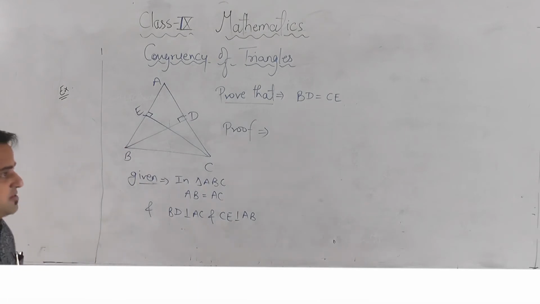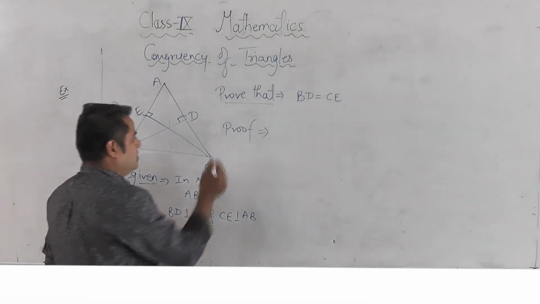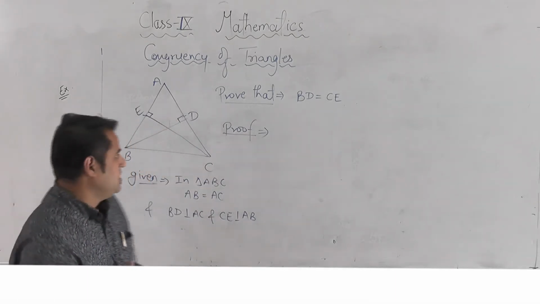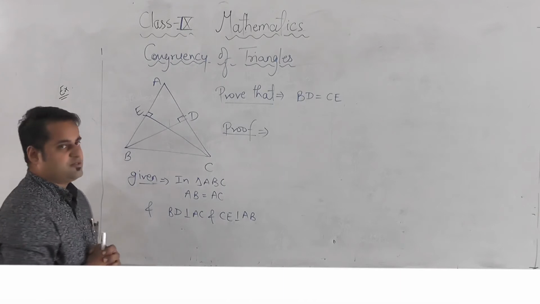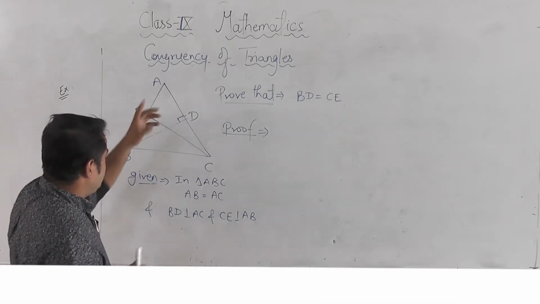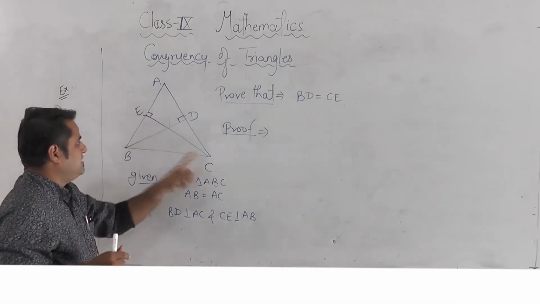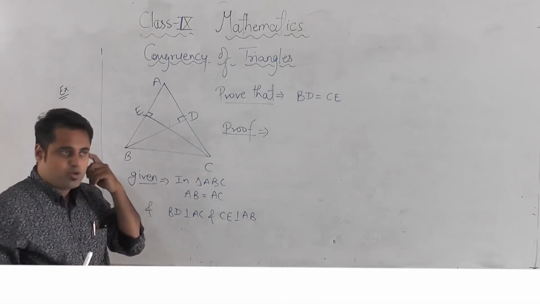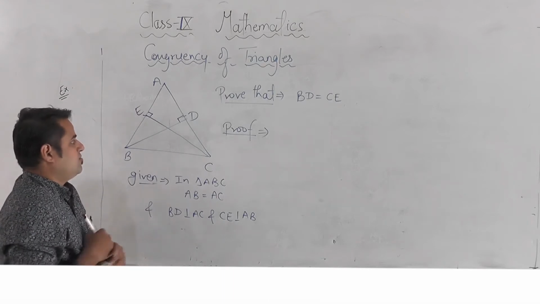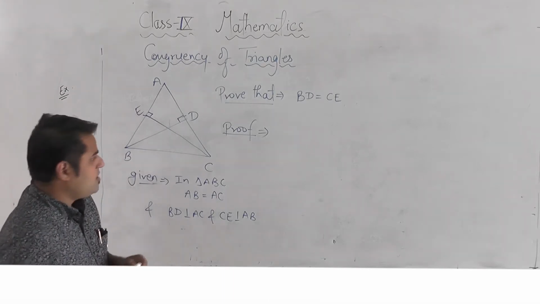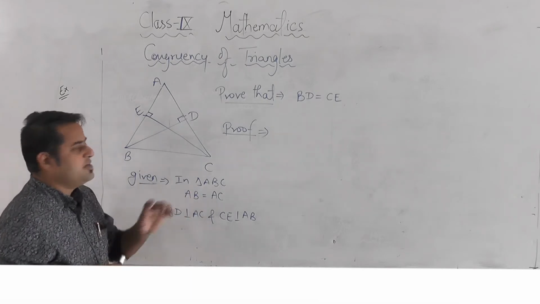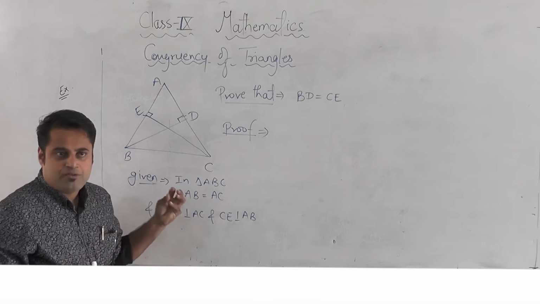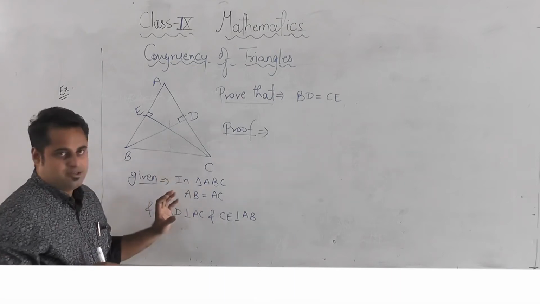Let's see. The first step, as I have said to you, is to decide which triangles have to be compared with each other. Either we can take triangles ABD and ACE, or we can take triangles DBC and ECB. Both triangles we can take, no problem with that. But as you can see, AB and AC have been given to us, and we would always like to use whatever has been given in the given section.